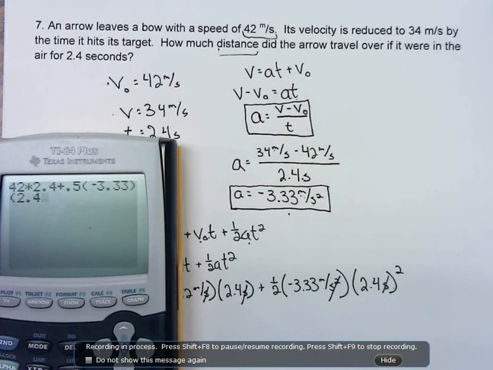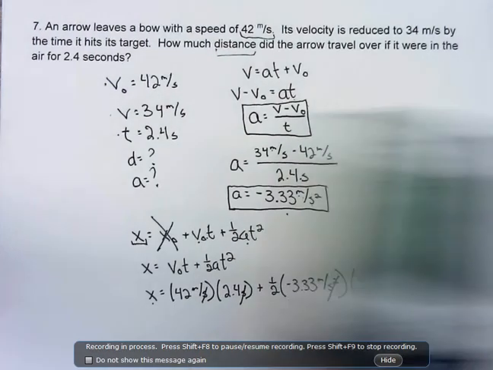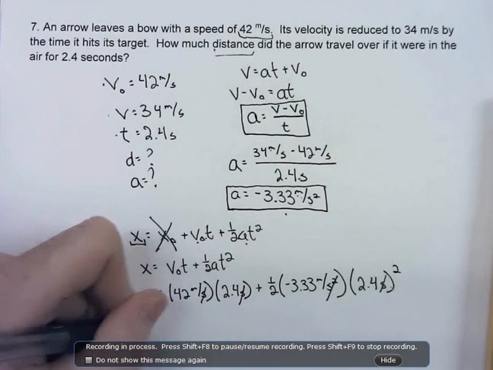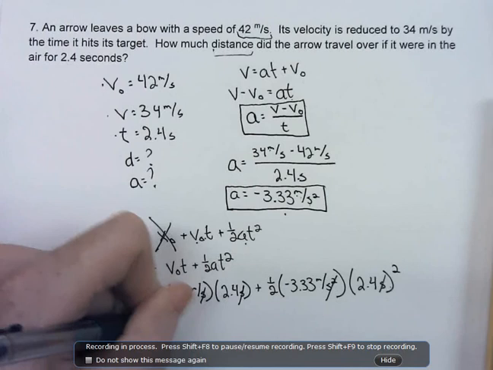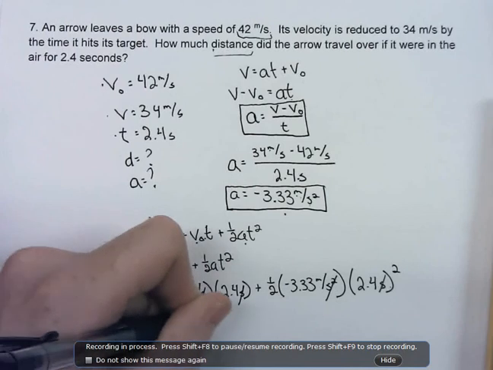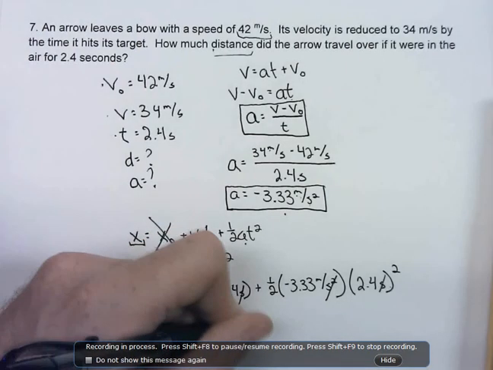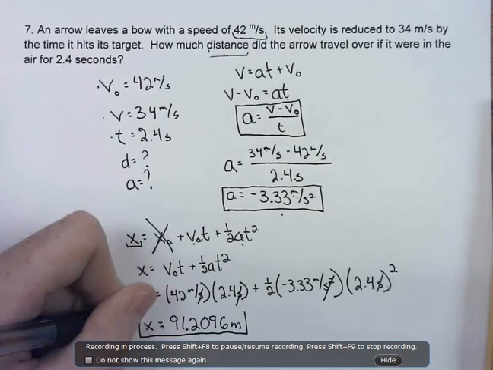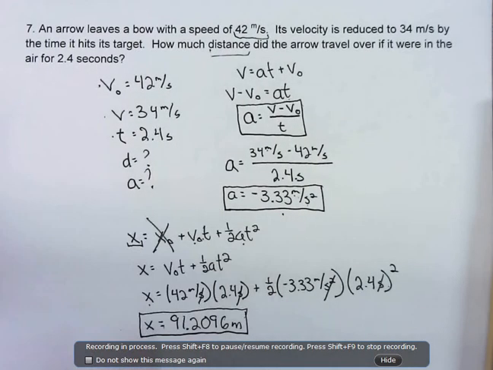Do not forget to square that 2.4. And we end up getting, it travels a distance of, wow, pretty far, 91.2096 meters. So we get x is equal to 91.2096 meters. Always like putting a box or a circle around our final answer.